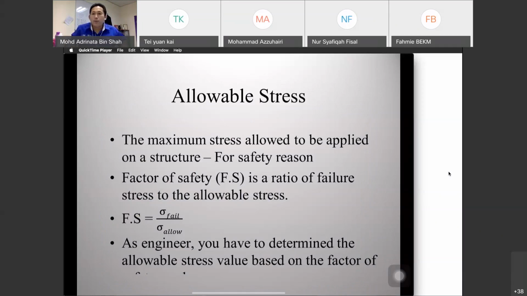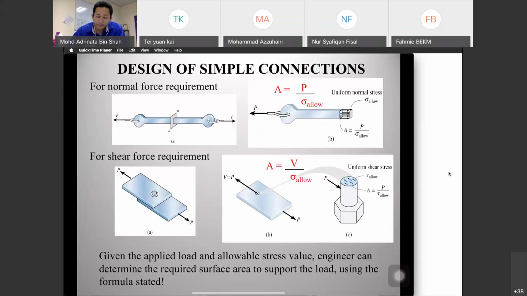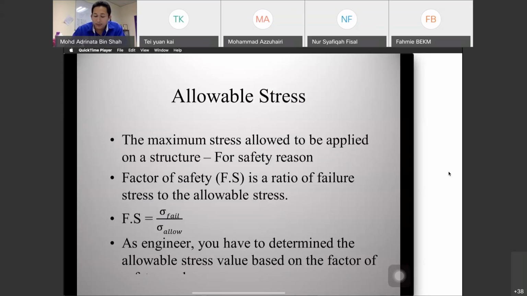Okay, now we discuss the safety factor or factor of safety. Like before, from the question, you calculate and get your stress answer of 85 megapascal.